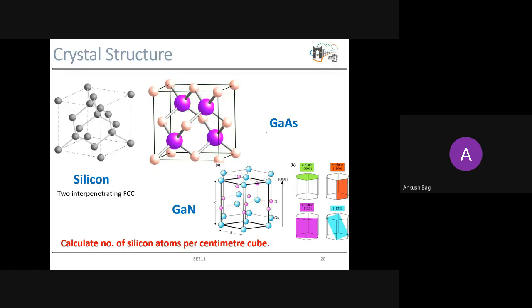So zinc blende and silicon, crystal structure wise both are the same, but since gallium arsenide is a compound semiconductor, that means it has both gallium atoms as well as arsenic atoms, this particular diamond crystal is termed as zinc blende crystal. So structure wise the same, but here you can see we have gallium as well as arsenic atoms. That is why this is called zinc blende structure. But structure wise there is no difference.